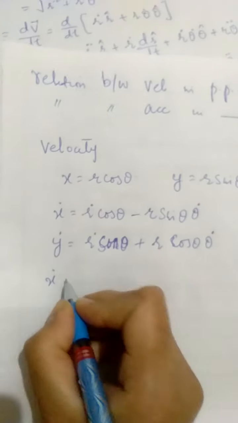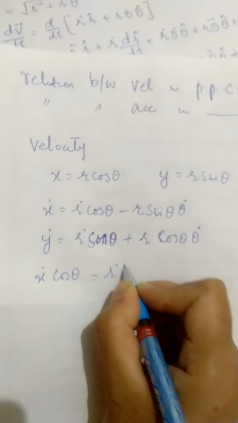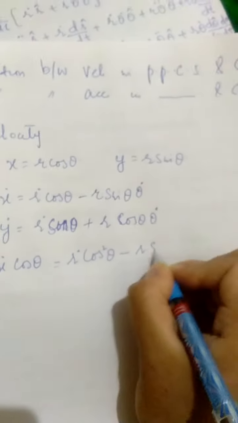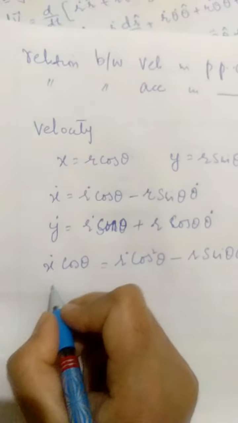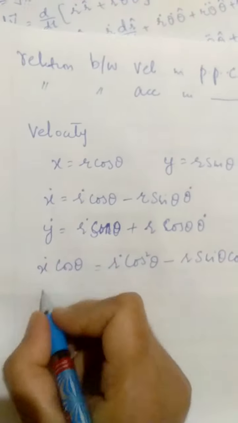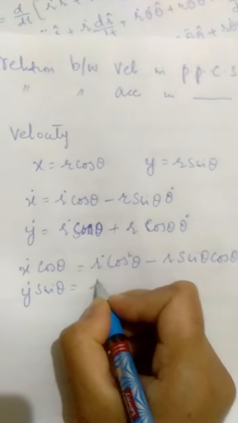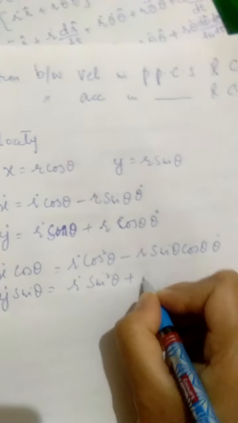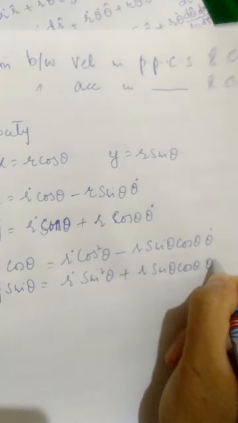So x dot cos theta is equal to r dot cos square theta minus r sin theta cos theta, theta dot. And now let us multiply this by sin theta. So y dot sin theta is equal to r dot sin square theta plus r times sin theta cos theta, theta dot.